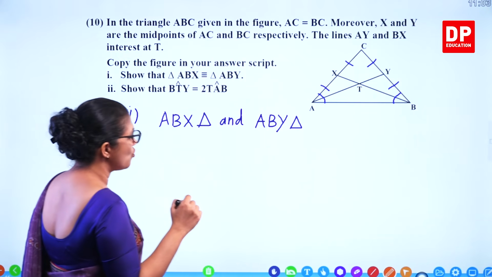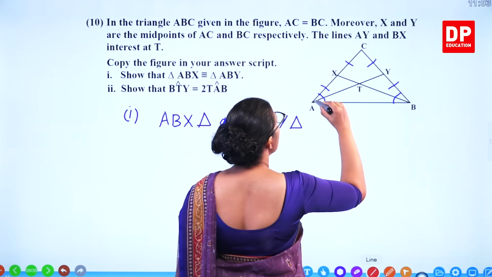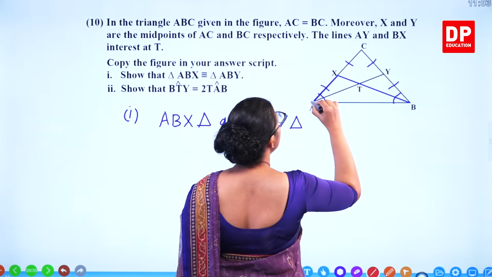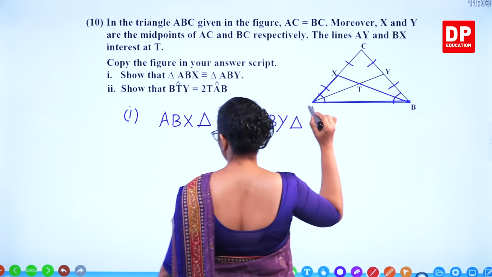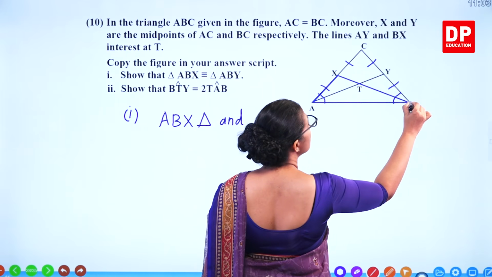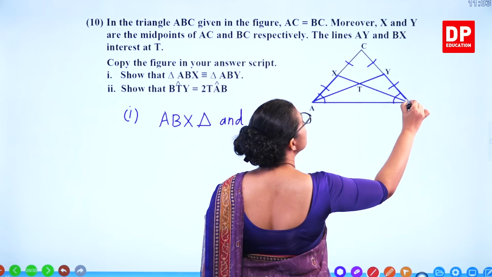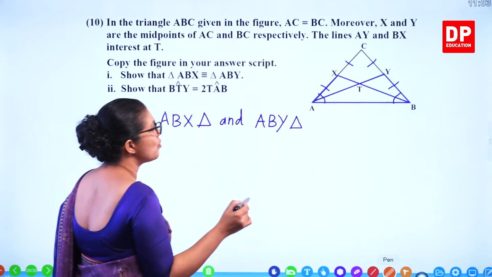So we'll take those 2. So these are the 2 triangles, ABX, this triangle, this triangle, and this triangle. So what are the information you know?